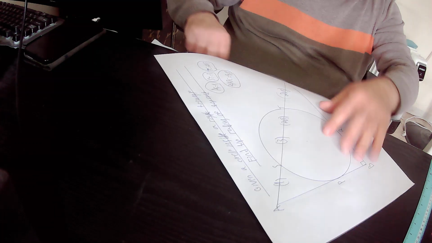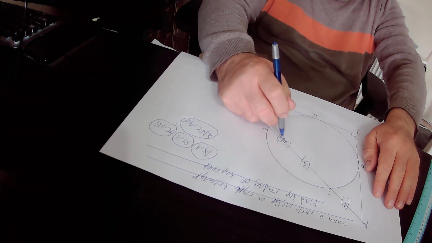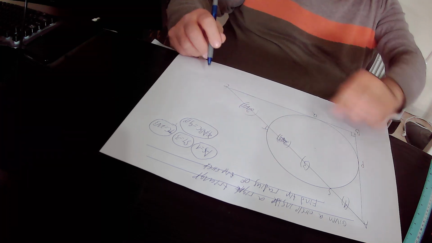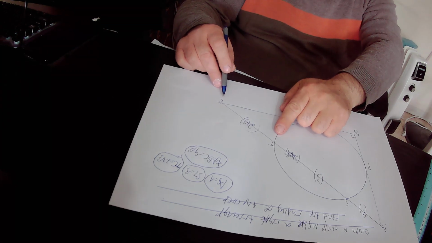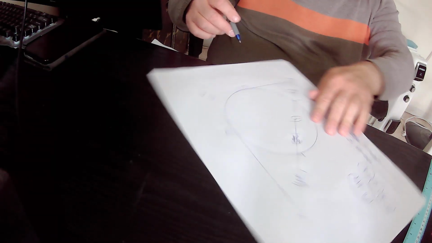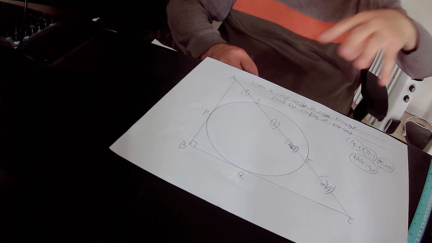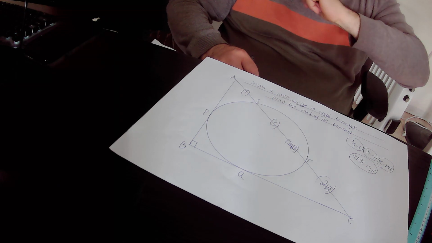And line segment TC equals 2 times square root of 3 units in its length. This is angle ABC, that is the right angle. I repeat again that our mission is to find out the radius of this circle.